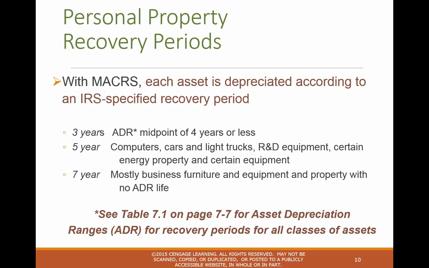With my farms, they have some 10 and 15-year assets like sheds and outbuildings. If somebody paves their parking lot or puts up utilities or does fencing, those go over 15 or 20 years. But for most of us, the majority of what we write off are 3, 5, or 7 years if they're personal property.